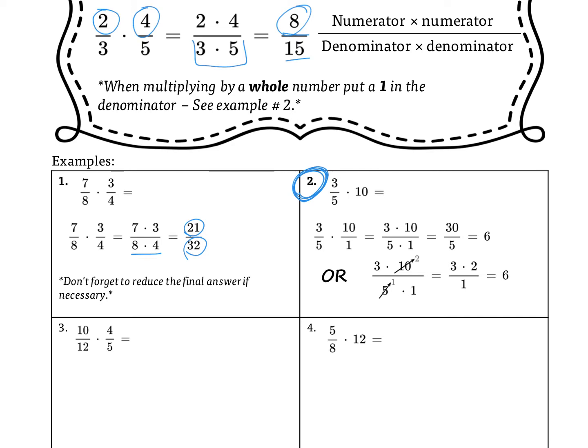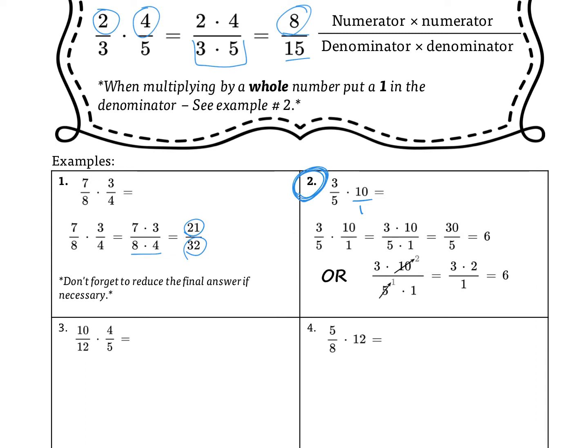Okay. Now, number 2 is where we're going to be using this method towards finding the portion of a total distance, and that's taking a fraction times a whole number. Okay, and to do that, all we're going to do is put a 1 underneath my whole number. Okay, because now it's a fraction, because 10 divided by 1, so remember the fraction line can also mean division. 10 divided by 1 is 10.